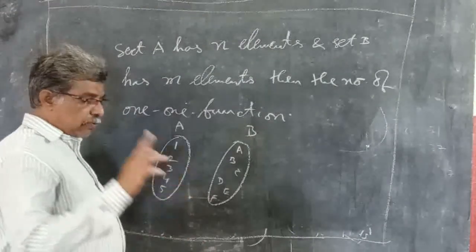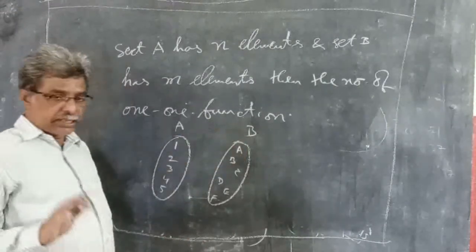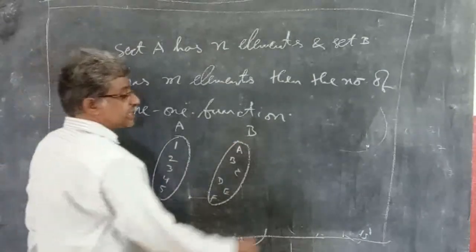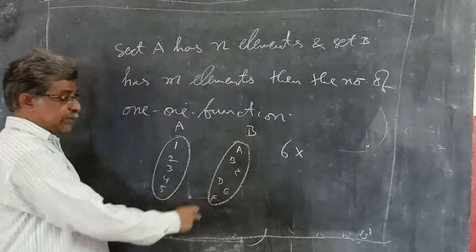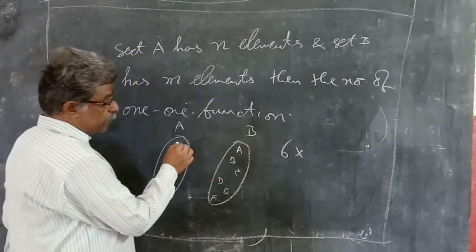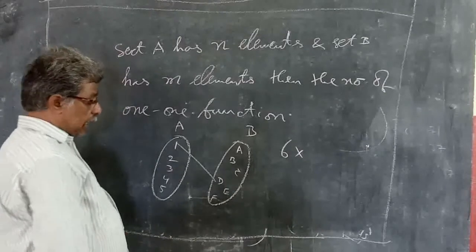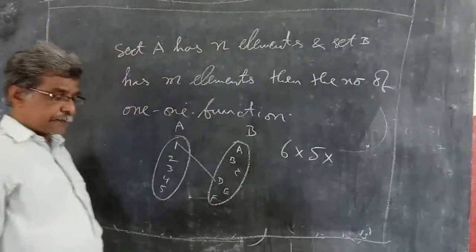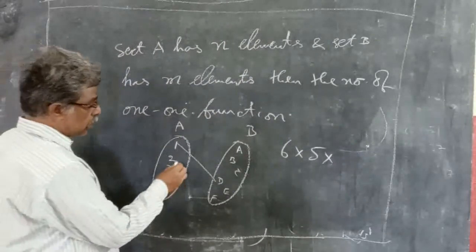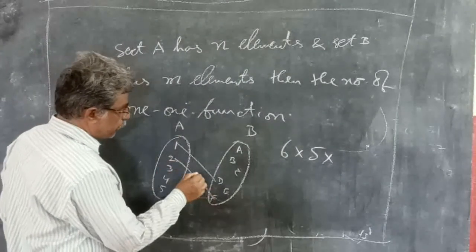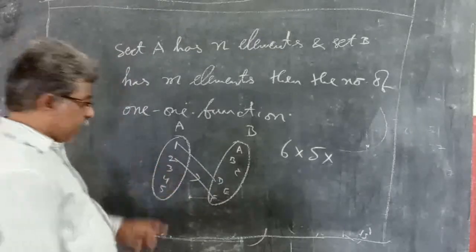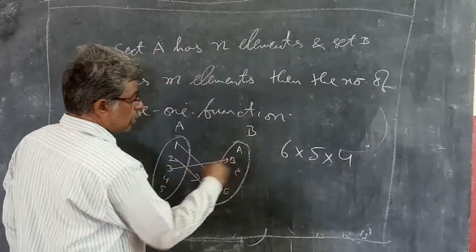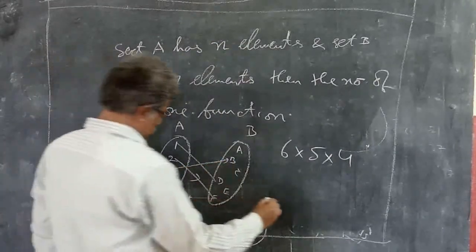Means it should have only one element mapped to only one element. Simple logic. So how can I map 1? I can map 1 to any of the 6 elements because there are 6 elements here. So 1 is mapped to some element of B. Then 2 can be mapped to the remaining 5, means 6 into 5. Like if 2 is mapped to F, 3 can be mapped to the remaining 4. 4 can be mapped to the remaining 3.